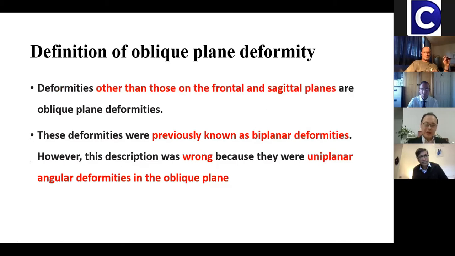The deformities other than those on the frontal or sagittal plane are the oblique plane deformities. These deformities were previously known as biplanar deformities. However, this description was wrong, because they are uniplanar angulation deformities in the oblique plane.